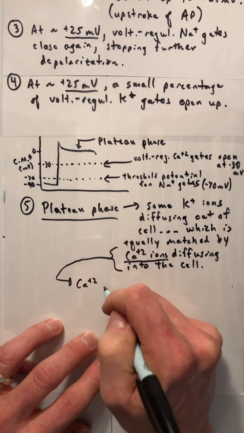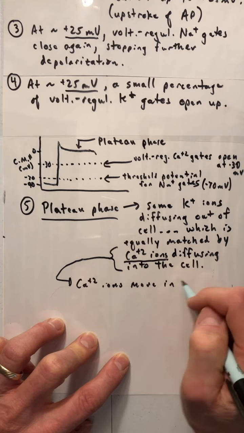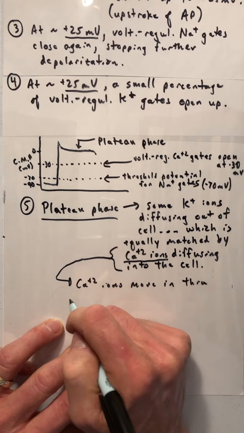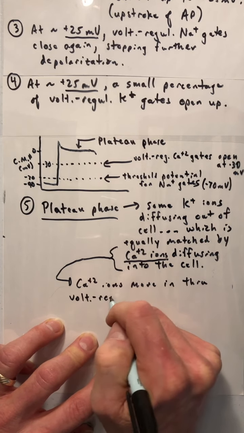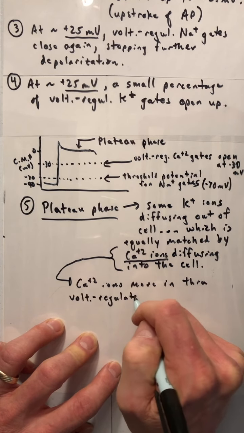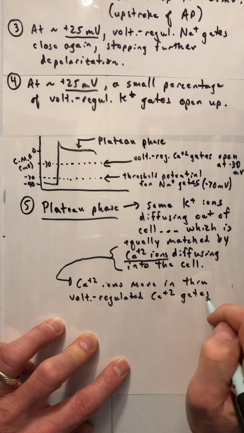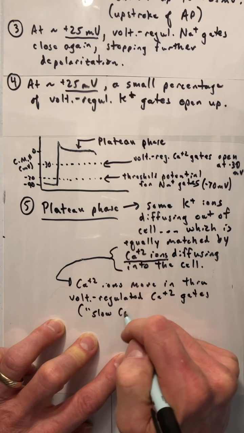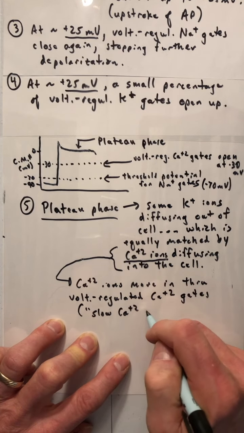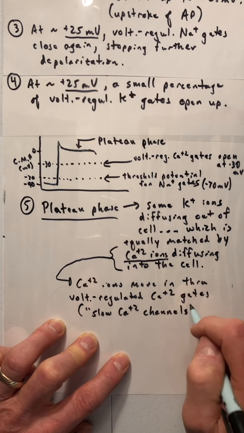They're moving in through voltage-regulated calcium channels, or calcium gates. And as I mentioned earlier, these are sometimes called slow calcium channels to contrast them with the fast sodium channels.